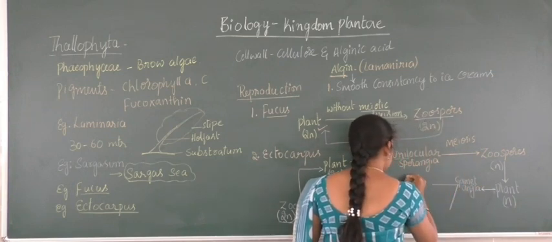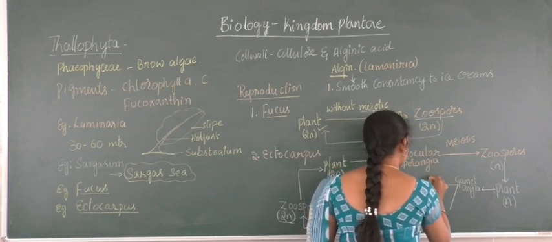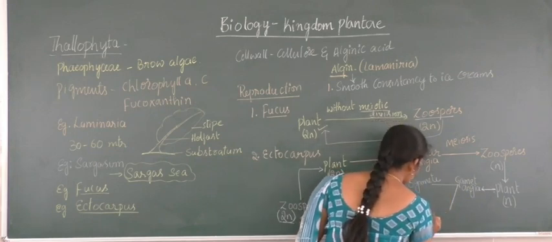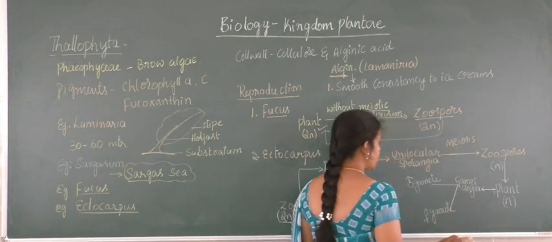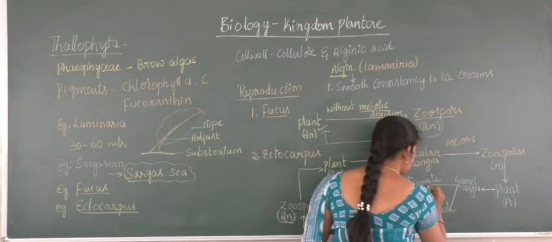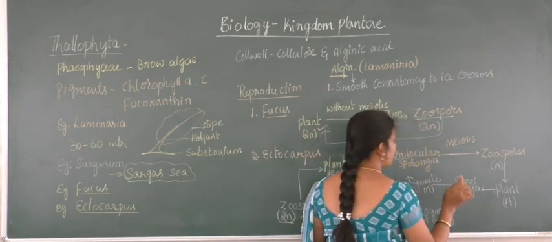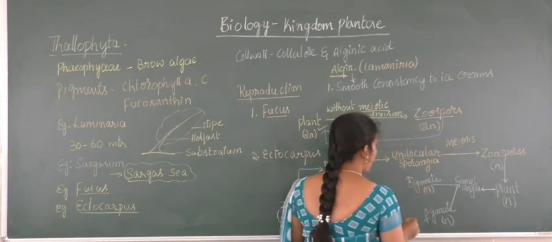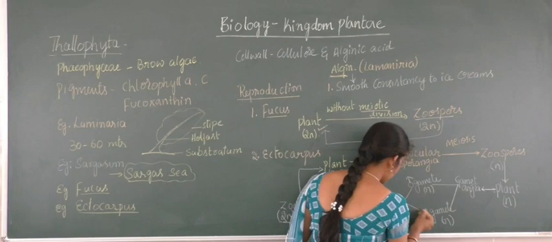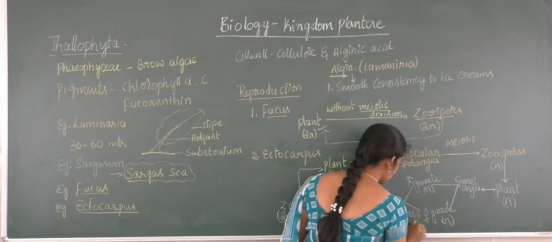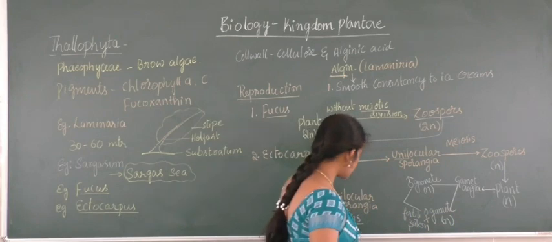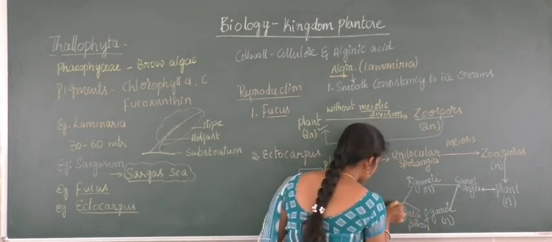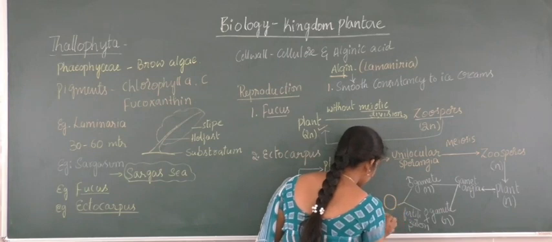One male gamete is going to be produced and the other female gamete is produced, and this is n in condition, and this one is also n. Later these two fuse together to form fertilization. By the fertilization process, it will develop into a zygote or a zygospore.